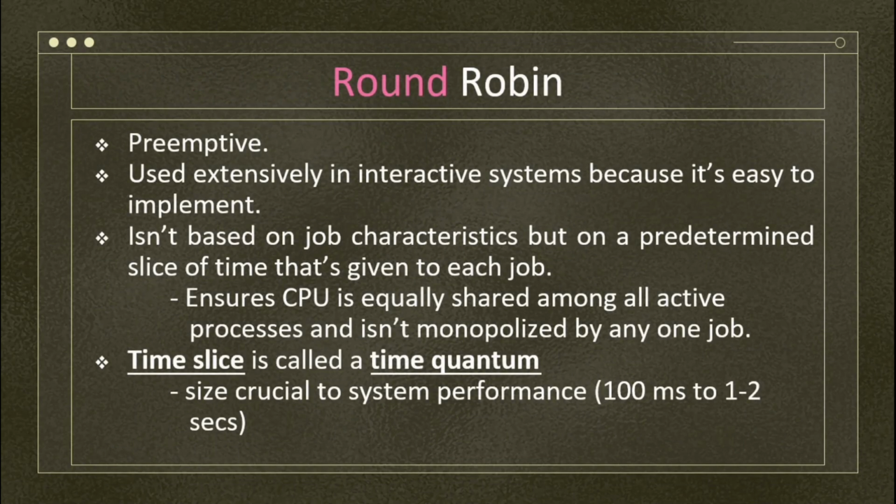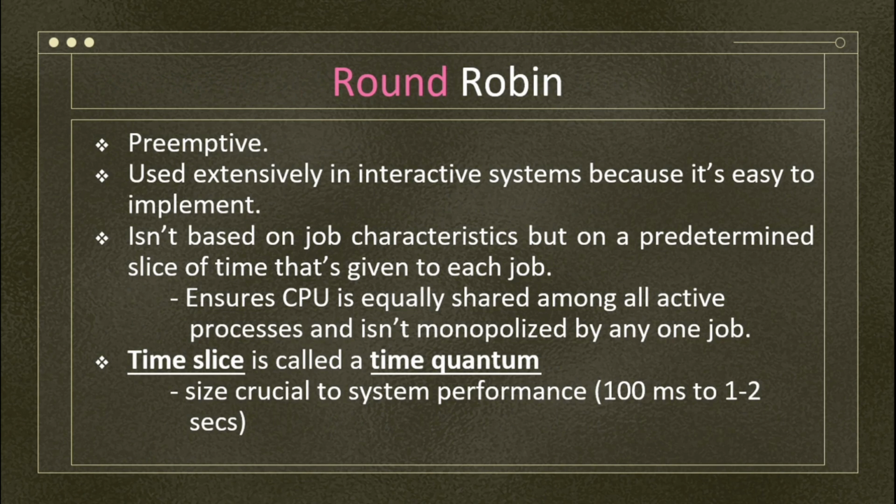So, round robin. Preemptive. Used extensively in interactive systems because it's easy to implement. Isn't based on job characteristics but on a predetermined slice of time that is given to each job.